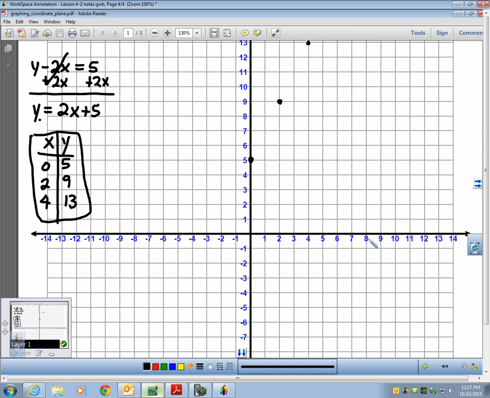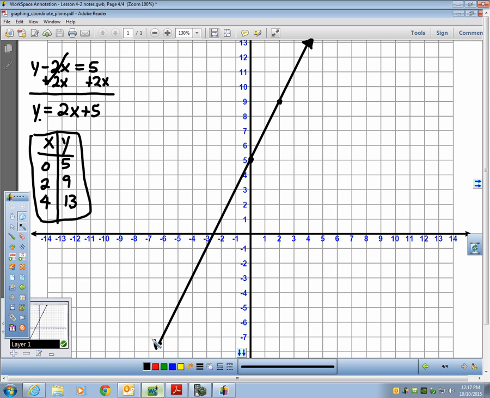Now I want to take my ruler out. I want to draw a line through these points. So I'm going to get my line maker here. You would get your ruler. I'm going to draw a line through these points. Let me do that as best I can. Okay. This line is showing all the ordered pairs that would be on this line.